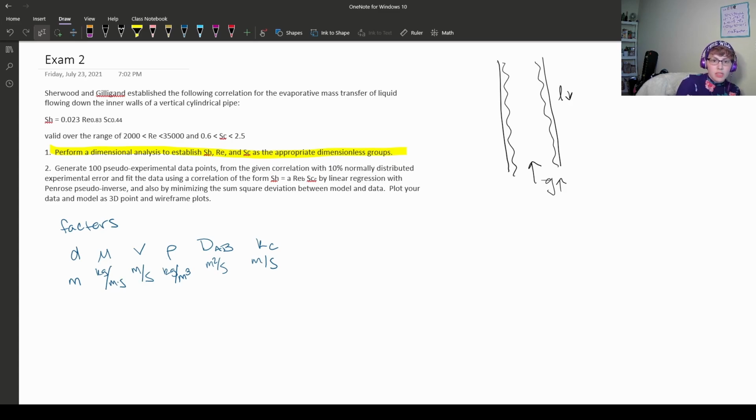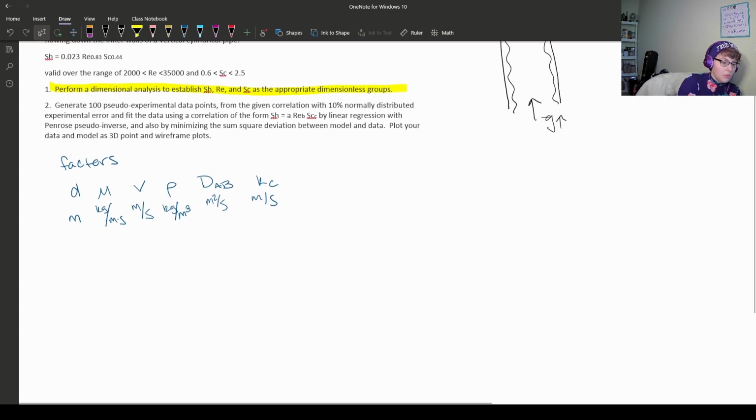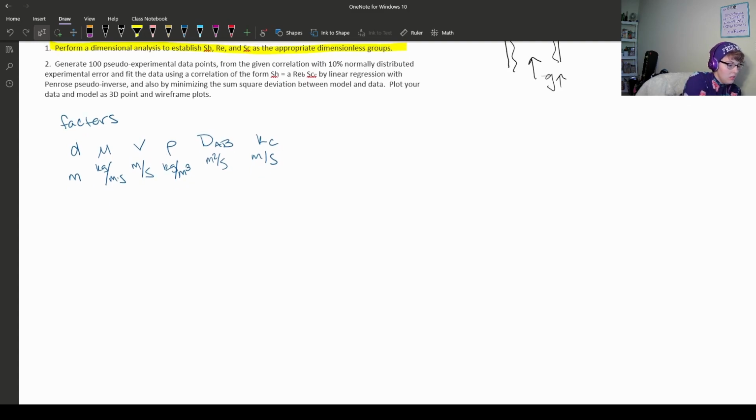Now that we've identified the base units, we can start building our dimensional matrix. So we will be looking at meters, kilograms, and seconds: our distance, our mass, and our time. The way that we're going to create this dimensional matrix is to identify which exponent would apply to each of the units involved in these factors.